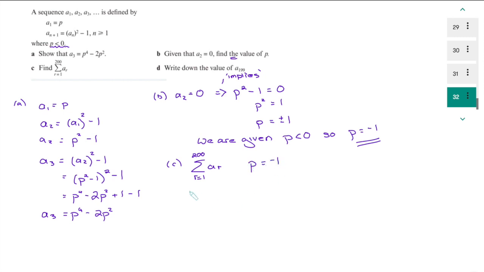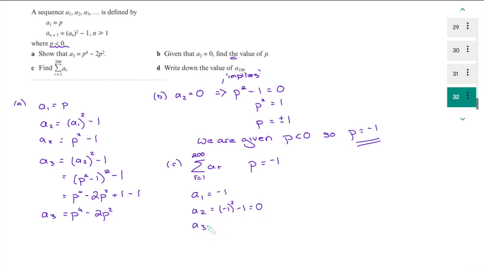Right, so our sequence, let's have a little look. It's not obvious what's going on, so let's see. A1 equals P. A2 equals this squared -1. So square this, -1 squared -1 equals 0.